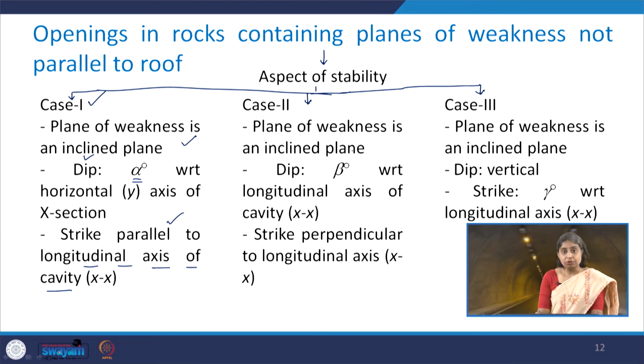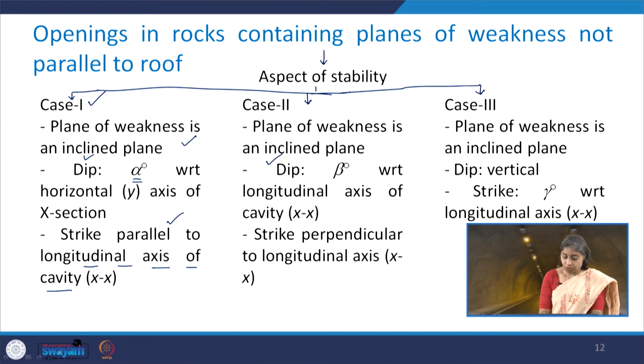In case 2, again the plane of weakness is an inclined plane. Basically, in all three cases the plane of weakness is always inclined, but its inclination is different, and accordingly we have defined these cases.